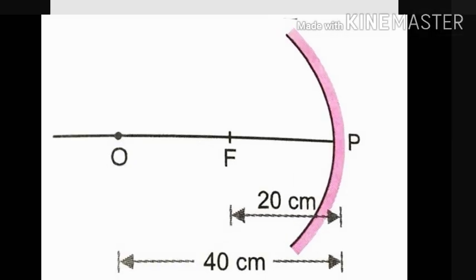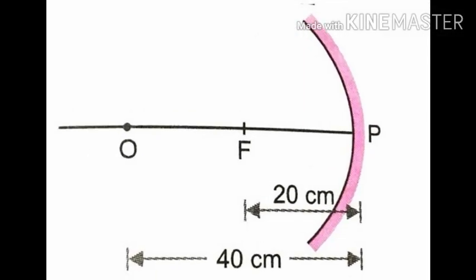All the conditions should be maintained. That means the focus should be at the midpoint between the center of curvature and the pole. That is, the distance between pole and focus should be equal to the distance between focus and center of curvature.